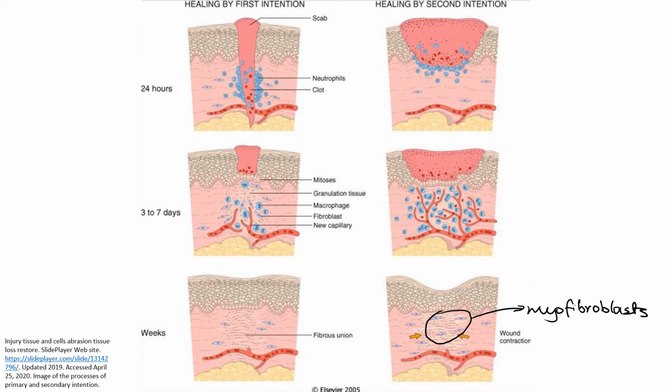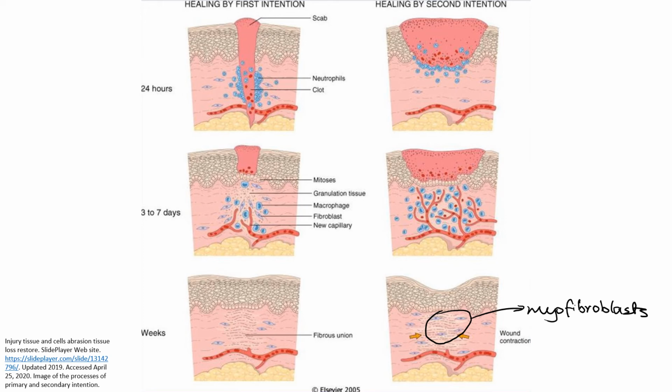So they have smooth muscle-like properties, which allow for the pulling of the wound together. And these are the main cells which allow for the wound contraction process to occur. So they allow for the wound to contract or appose or be brought together over months to years.